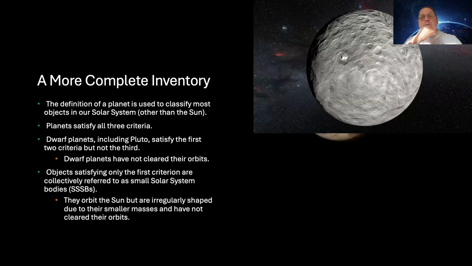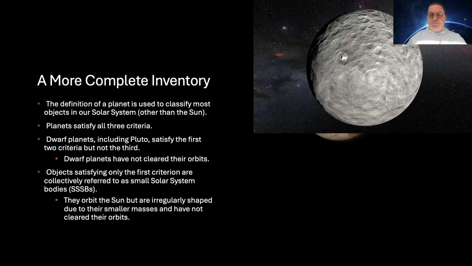Now, if we wanted to take a more complete inventory of the solar system, there are a lot of other bodies in the solar system that are of smaller size, but are in fact, generally speaking, far more numerous than the planets. If you look at it in terms of mass, the planets still dominate. But if you look at it in terms of number, the planets are actually a rarity within our own solar system.